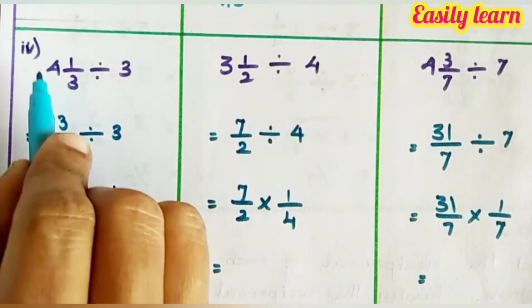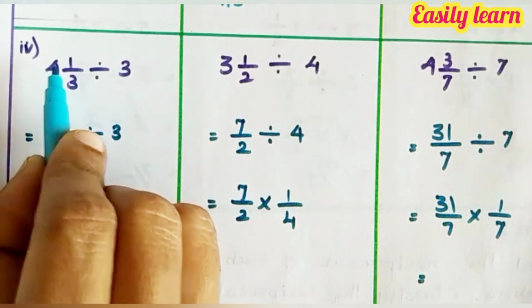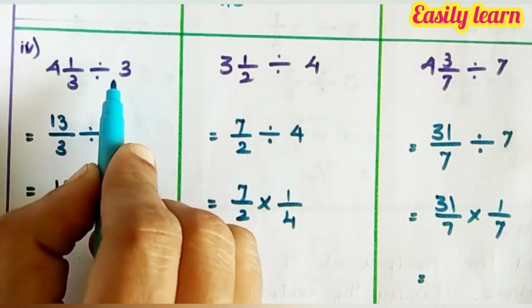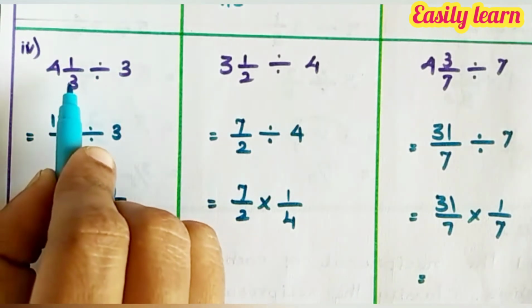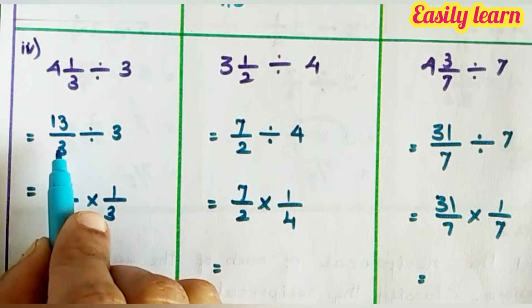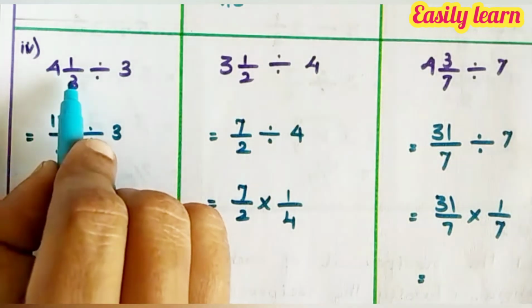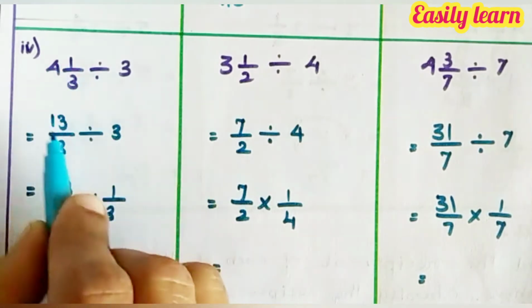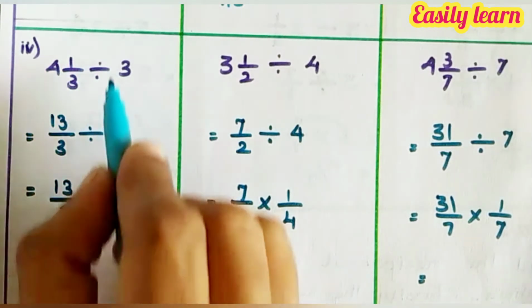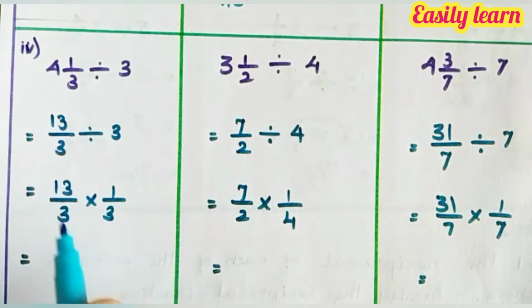Next one, they are given a mixed fraction first. 4 1 by 3 divided by 3. So we will convert this into an improper fraction and then we will proceed for the division part. So 4 into 3, 12 plus 1, 13 by 3 divided by 3 as it is. Now only I am going to do the operation for division.